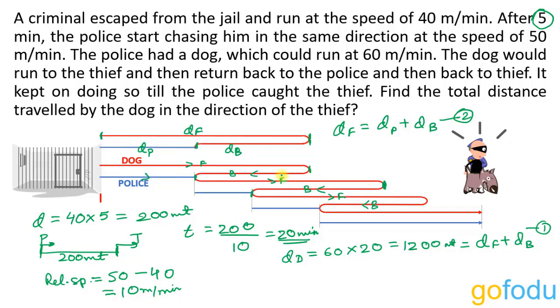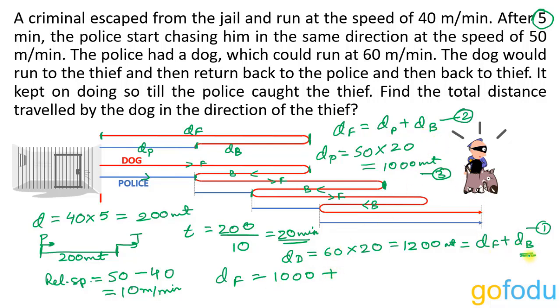And equation 3 would be the distance travelled by the policeman, which is equal to the speed of the policeman, that is 50, into the time for which the policeman was running, that is 20 minutes. This will come out to be 1000 meters. So this is equation 3. Now we can use equations 1, 2 and 3 and calculate distance forward. I am writing equation 2 again. Distance forward is equal to the distance travelled by the policeman, that is 1000 meters, plus distance backward.